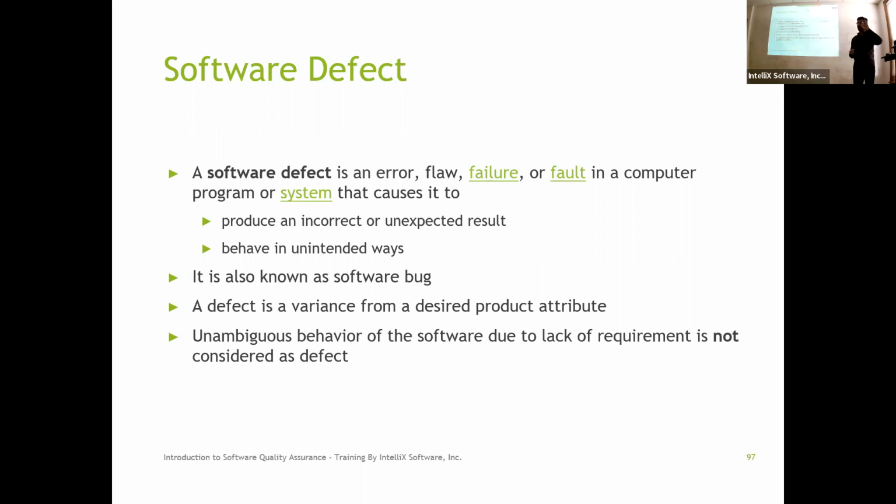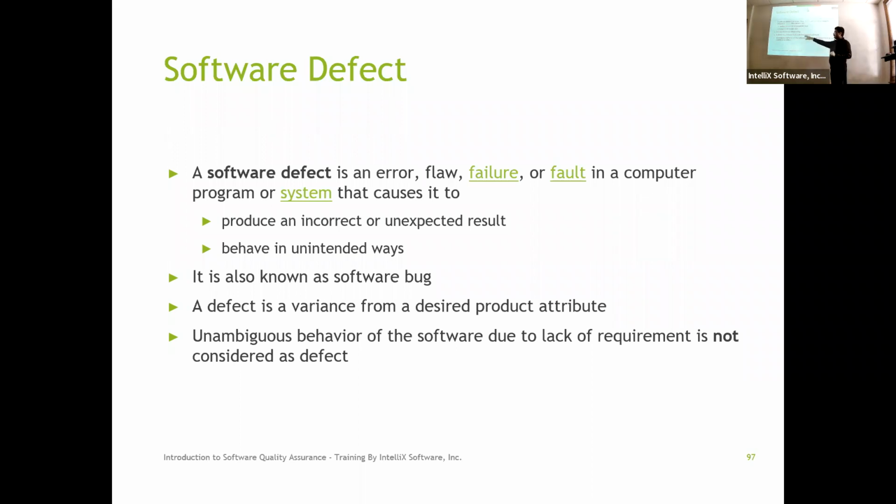Expected behavior was to show only 3 users. The actual behavior is that you're showing 5 users. So that's a deviation from the expected result. That is a bug. It is behaving in an unintended way. It doesn't matter whether it's right or wrong, it is a deviation from what was expected.